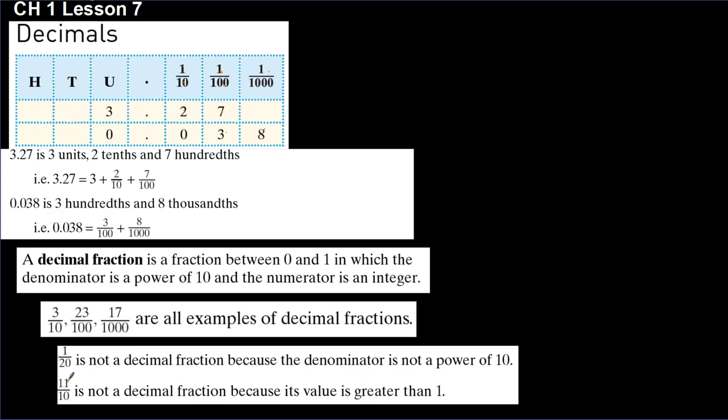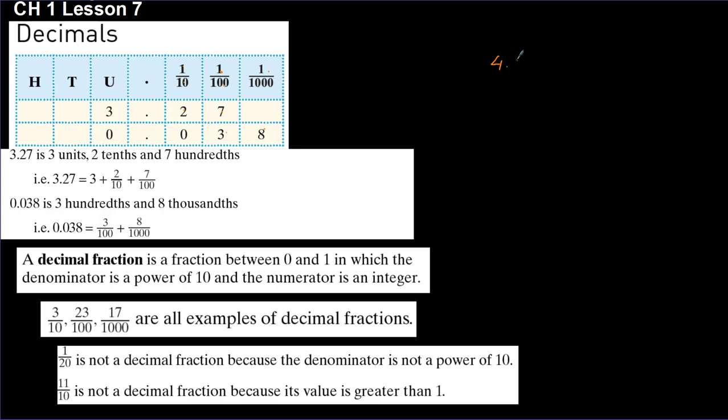The second one, 11 over 10, is not a decimal fraction because the numerator is greater than the denominator, and the value of this fraction should be less than 1, but 11 over 10 is greater than 1.